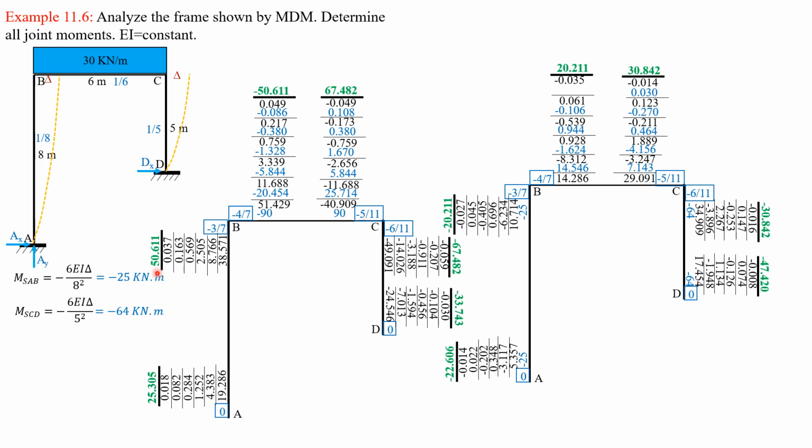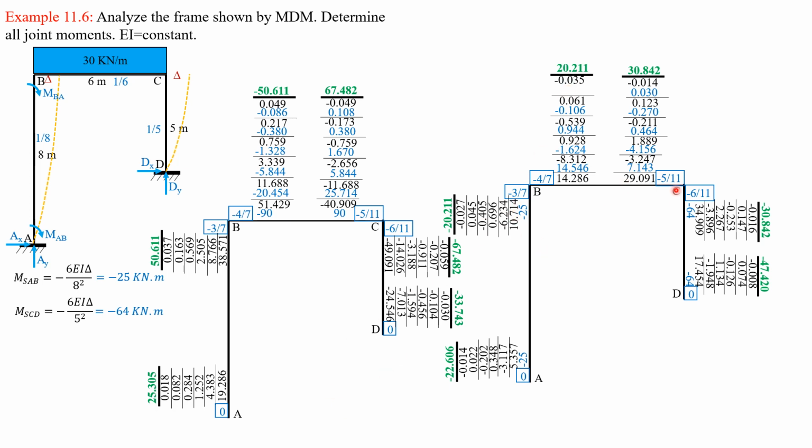Then moment BA is 50.611 minus 20.211 R. That's moment BA. Moment BC is negative 50.611 plus 20.211 of R.